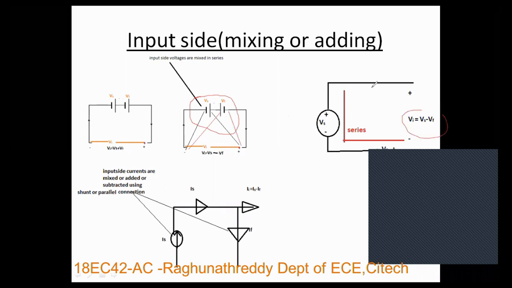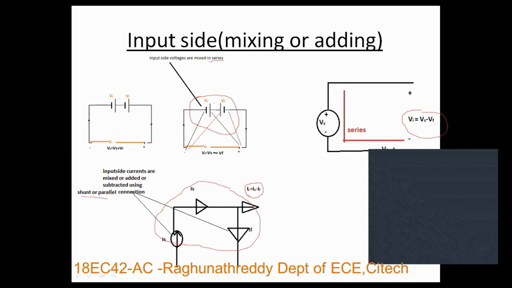If you connect like this and the input quantity is current, then the type of adding or subtracting is parallel. Got it? If the input quantity is voltage, the type of mixing is series.